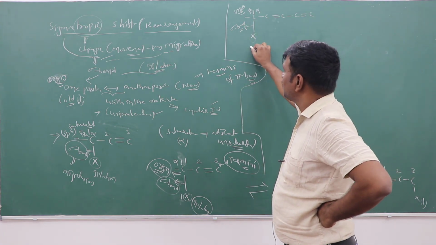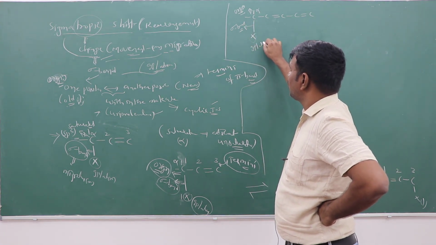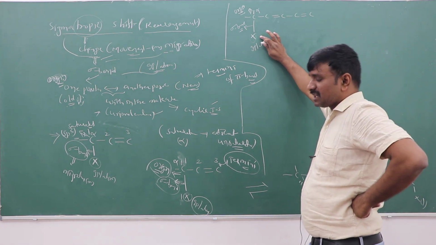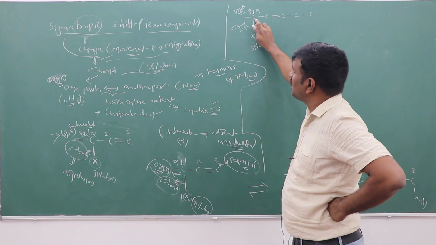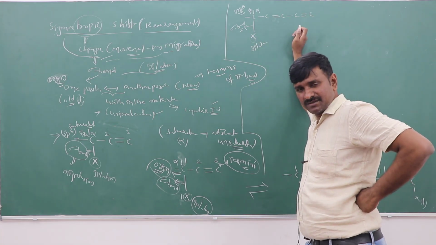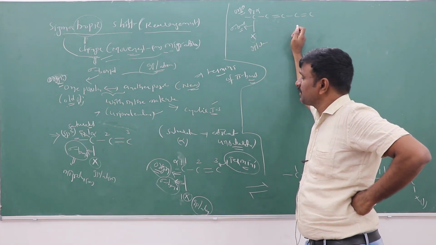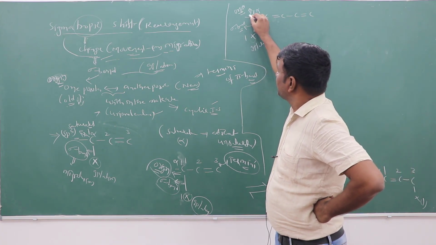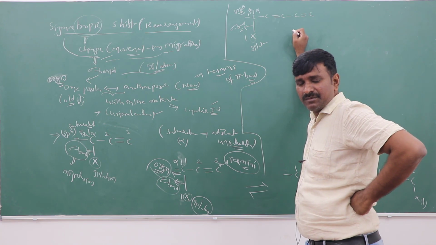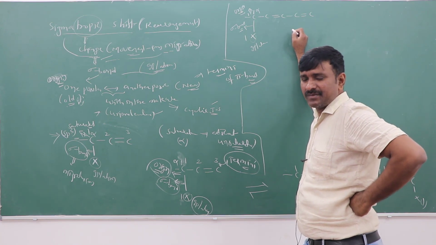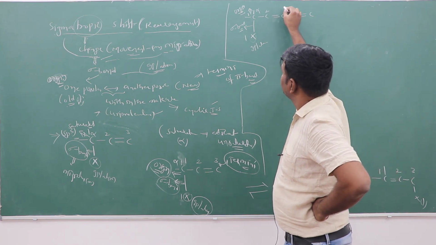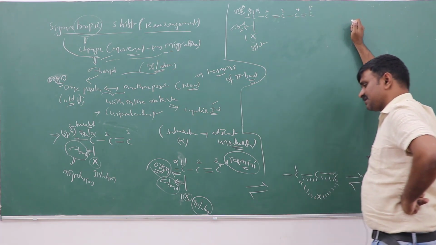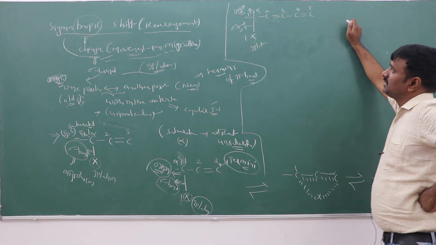This group is the migrating group or atom, which migrates from the origin to the terminal position. After identifying the sigma bond, you can give the numbering 1, 1 for both ends of the migrating sigma bond, continuing till the end of the pi system or unsaturation.